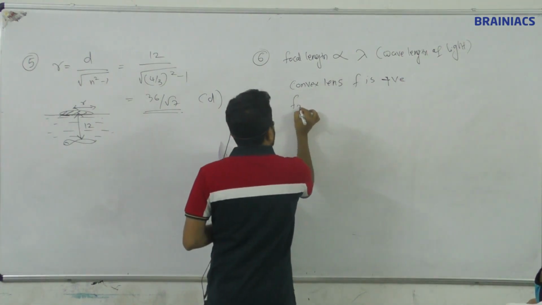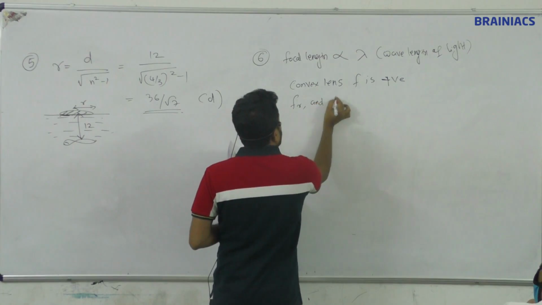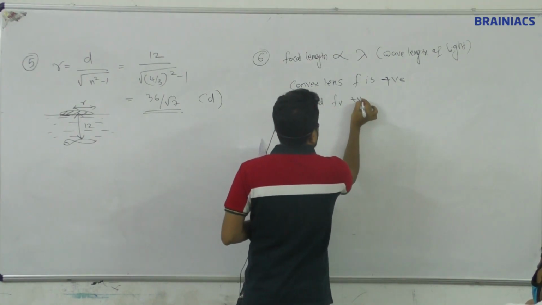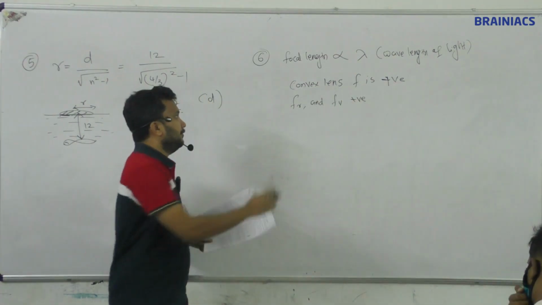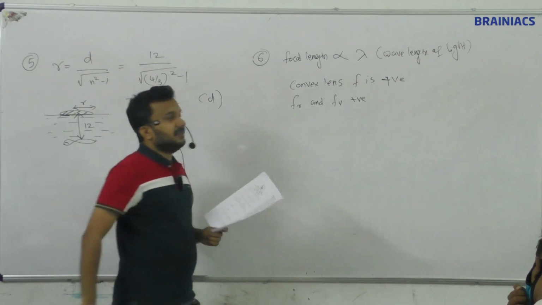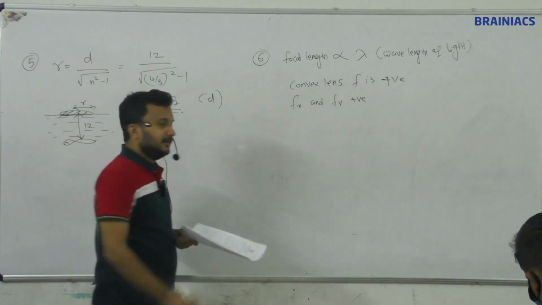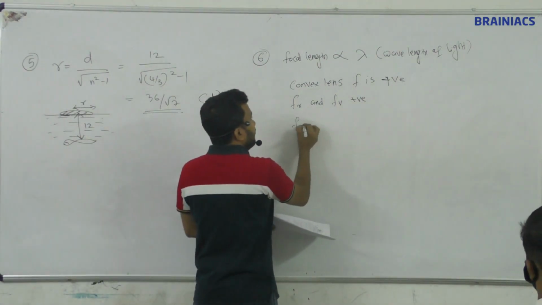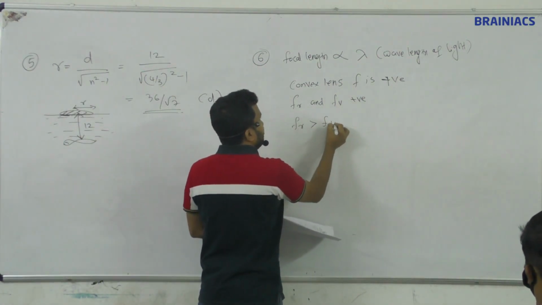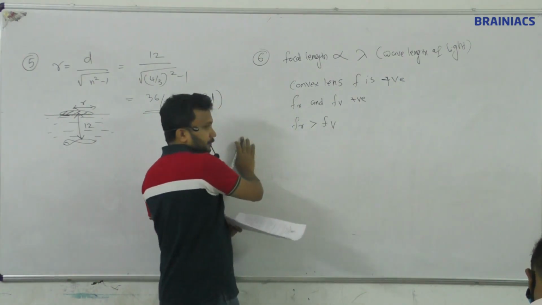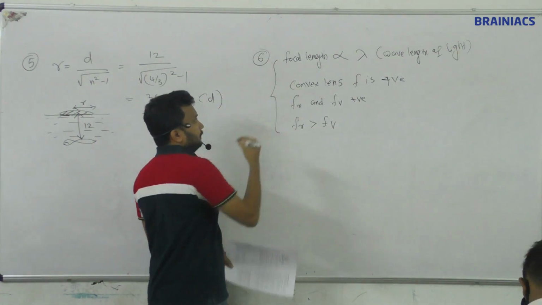So fr and fv are both positive. But which one will be higher? Which light has the highest wavelength? Red. Red has the highest wavelength. So fr is greater than fv.